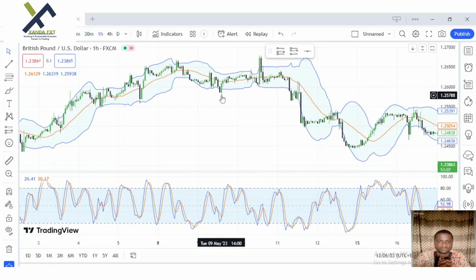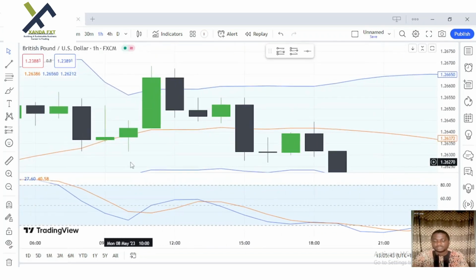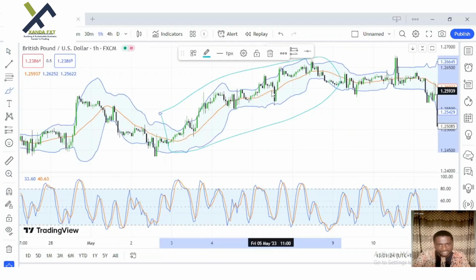Once that is confirmed with 1 or 2 candlesticks, the trend will change. Now, let's look at it here. You discover that the trend has been above the 20 moving average, and all of a sudden this particular candle crosses through the moving average, with this first candle, the tail below, the second candle below, the third candle below. Now, it is a signal that there will be what? That there will be a reversal in price movement.